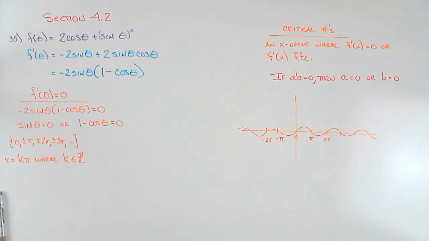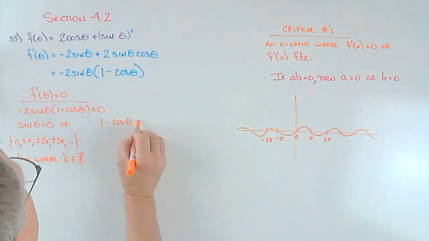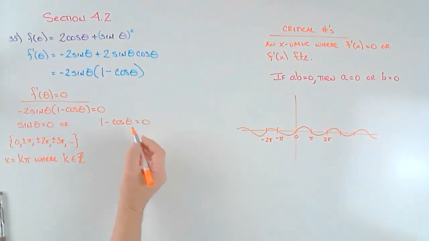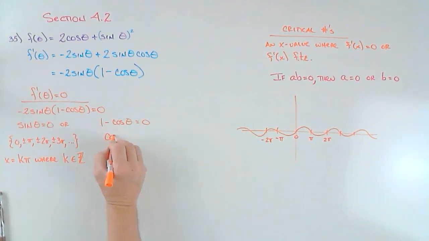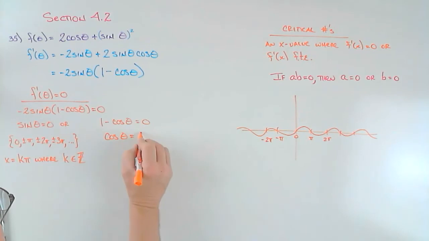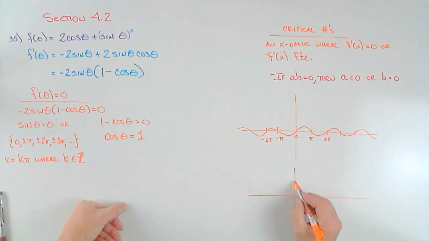Now, we also have to worry about, I'm going to move this over because that went a little long, 1 minus cosine theta equals 0. We have to solve this. We can move the cosine to the other side, and we get cosine theta equals 1. Again, we can take a look at a graph of cosine. Our graph of cosine goes like this.